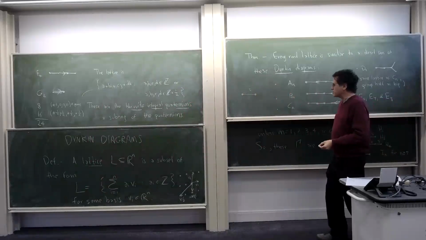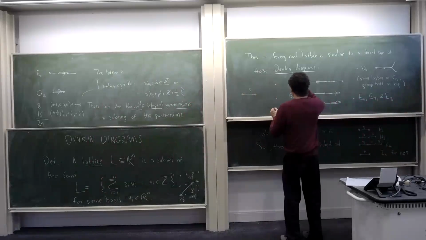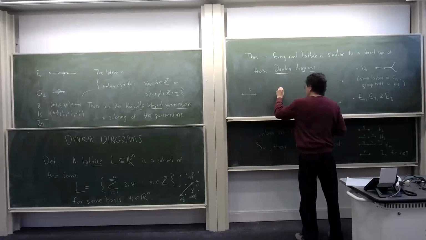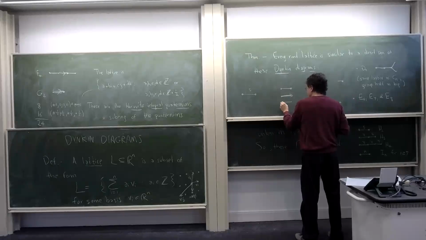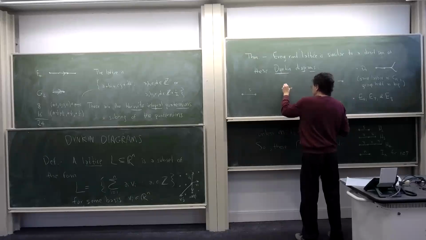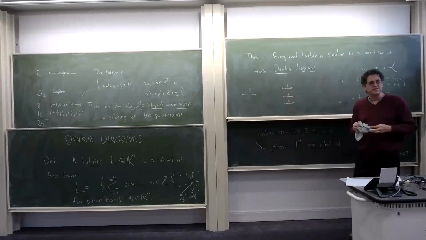I didn't emphasize it, but in the way things work in Dynkin diagrams, we have these allowed choices. Let me just use the Coxeter number. We have 3 is okay, 4 is okay, 6 is okay, but 5 for some reason is out.